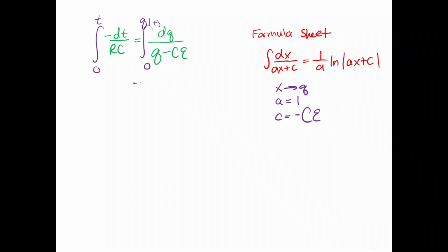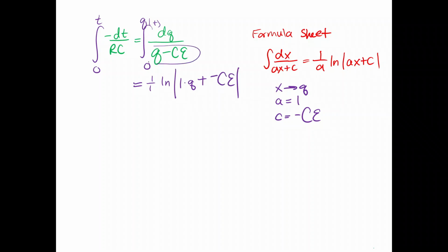So we're going to apply on the right side this equation. So we get 1 over a, so that's just going to be 1 over 1, natural log of a times x, which is just q, plus c, which is our negative CE. So what's kind of nice is if we don't have an a, it's just our denominator.